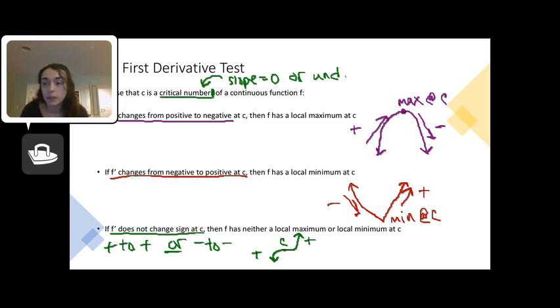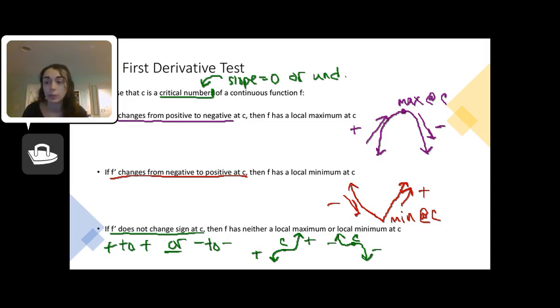So here we don't have any minimum or maximum values. There is neither a local maximum or minimum at c. And the same occurs for negative slope to 0 to negative slope. There is neither a local max or min in this case.